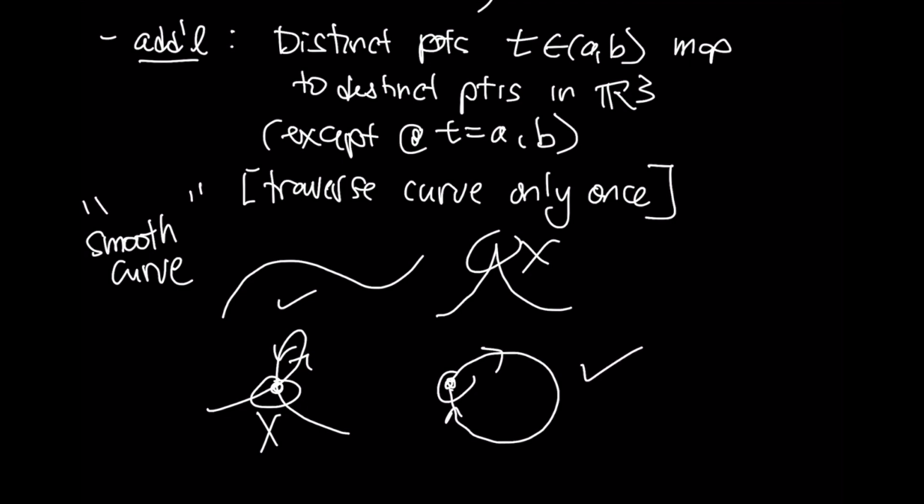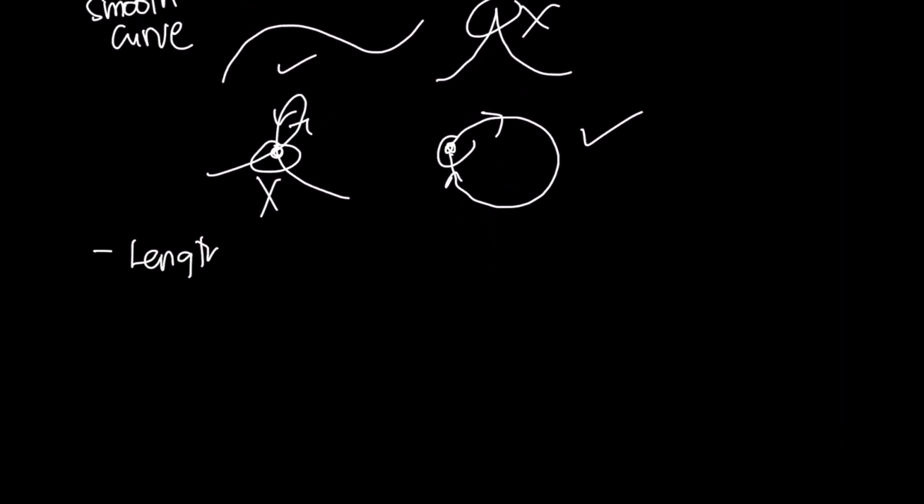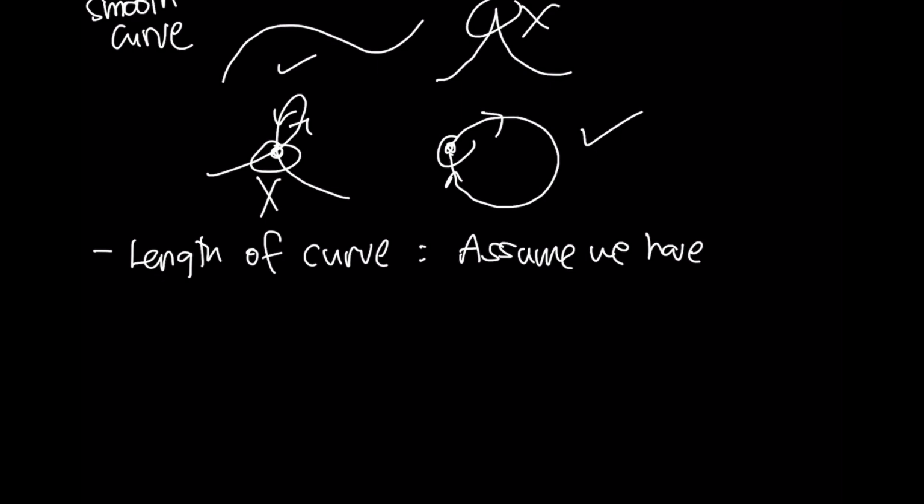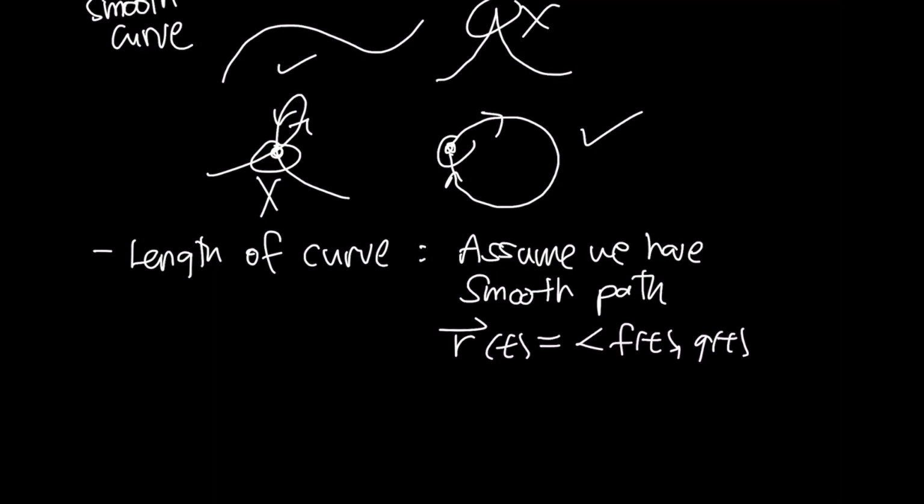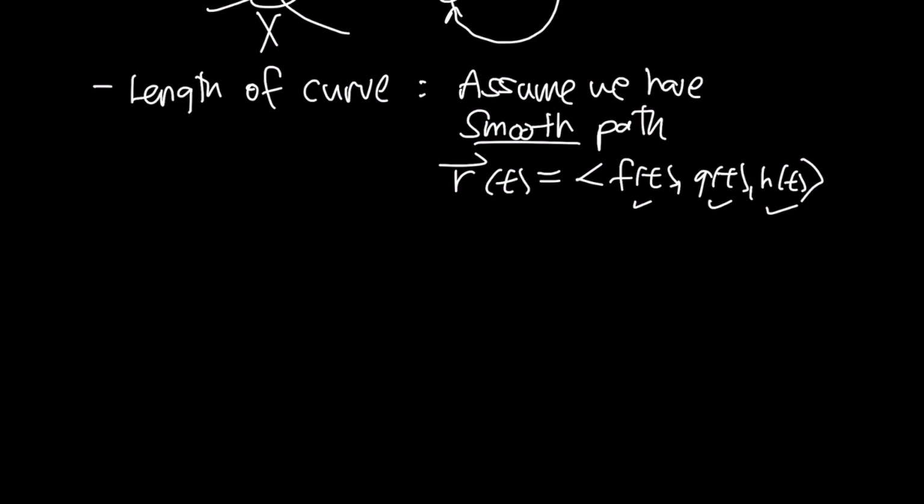So with that in mind, we are going to talk about the length of a curve. We are going to assume we have a smooth path. r of t is equal to f of t, g of t, h of t. To be smooth, that means each one of these functions here has a derivative, and the derivative is continuous.